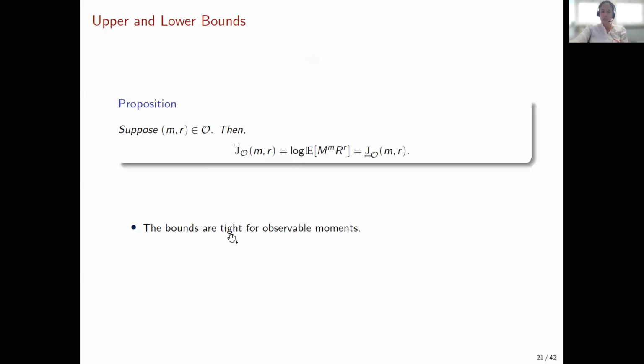Here are just two consequences of the results that we have, and then I will get to the application. So the first consequence is obviously if M and R are within the set of observables, the bounds are going to be tight. This is obviously a direct consequence of the results we have.